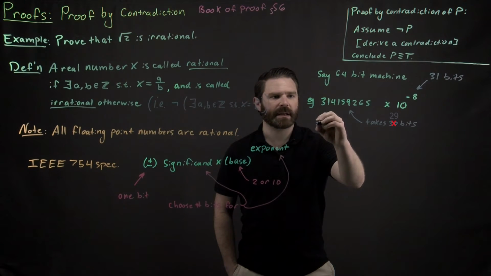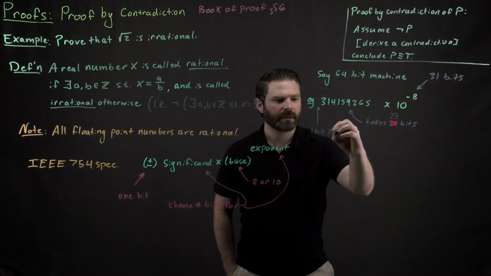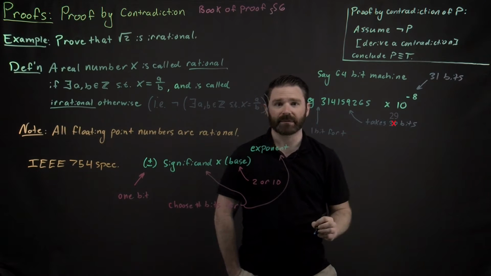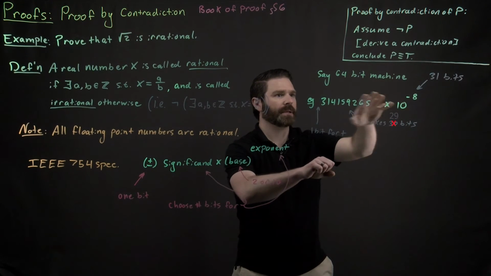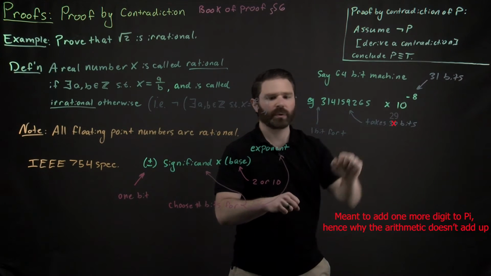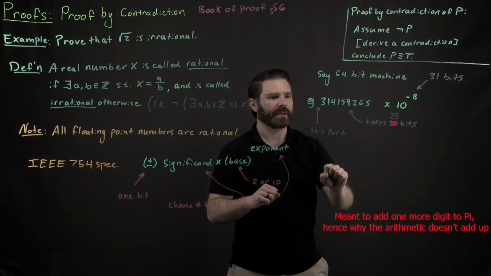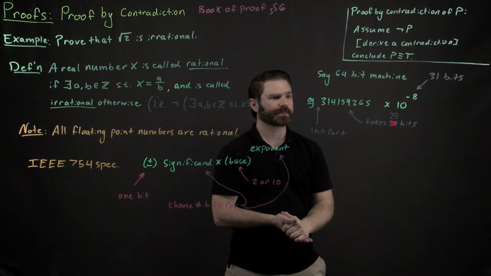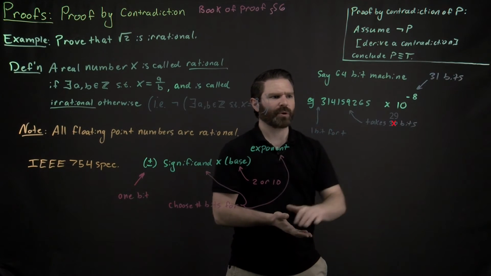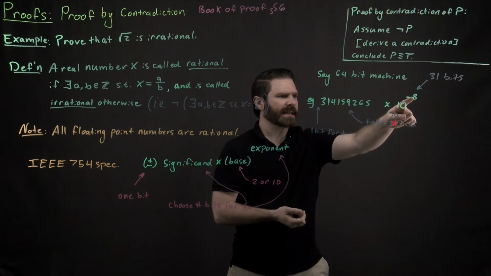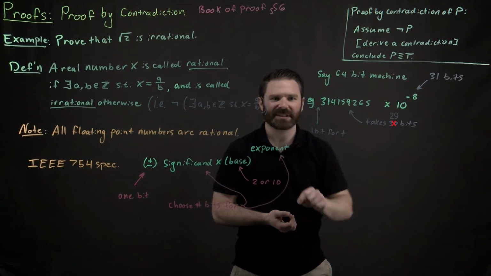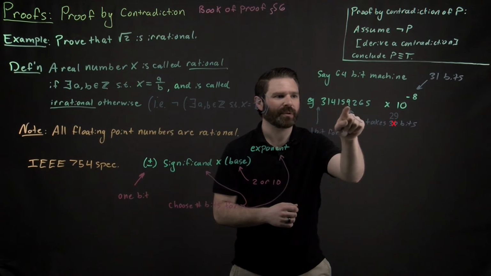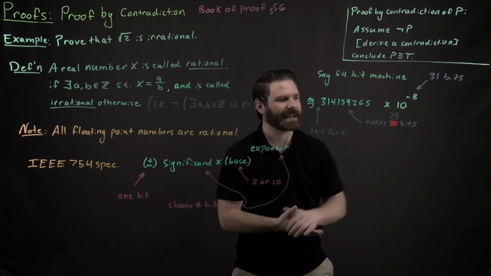So if I have a plus out front, I have 1 bit to say that this is a positive number. So you can see how I've distributed my 64 bits: I devoted 31 of them to my exponent and 30 of them to my significand. This is a -8, so you can see that this is the first few digits of pi, 3.14159265, yada, yada, yada, like that.